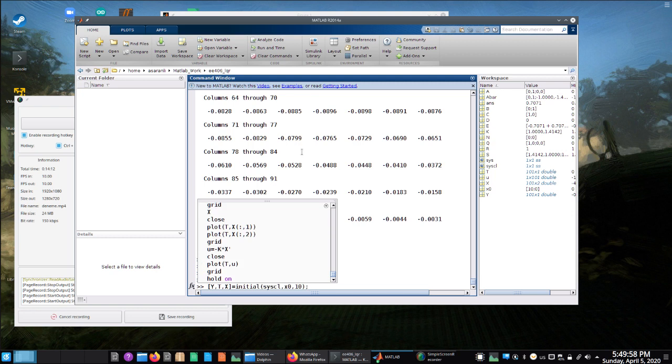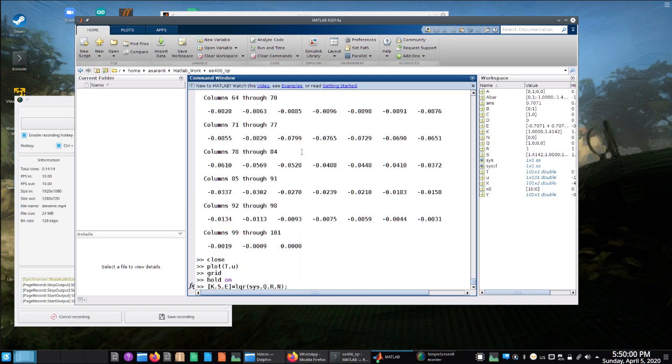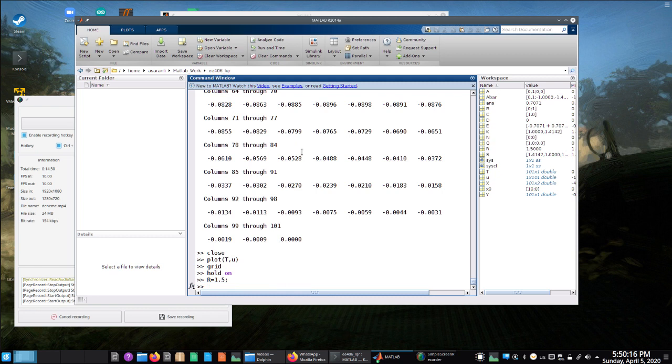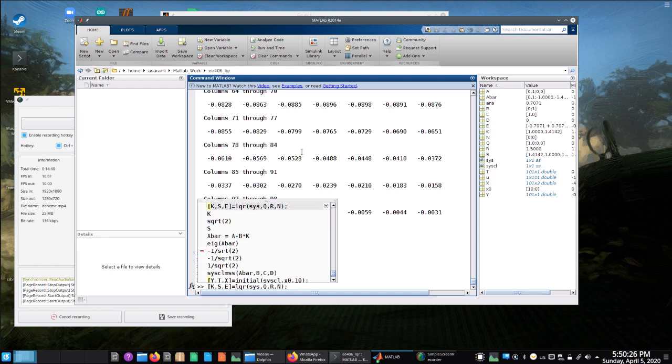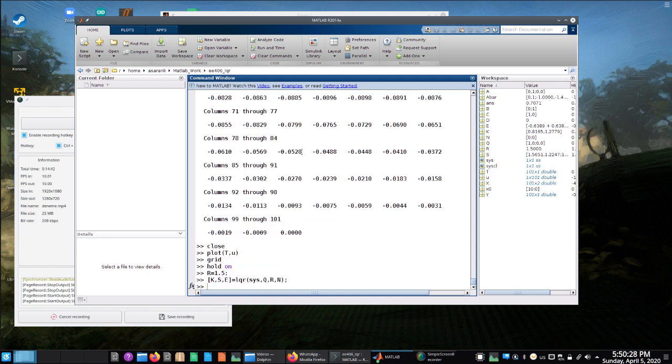So I will change the R matrix. Okay, so let's see what happens in that case. Let's say that R is not 1, but is 1.5, so that we have more penalty for the input in the cost function. So let us design our controller again, like this. Now we have a new system, so let's recalculate A bar.